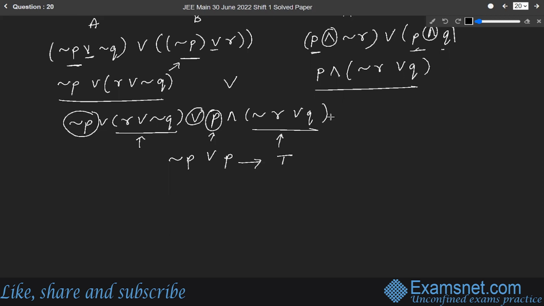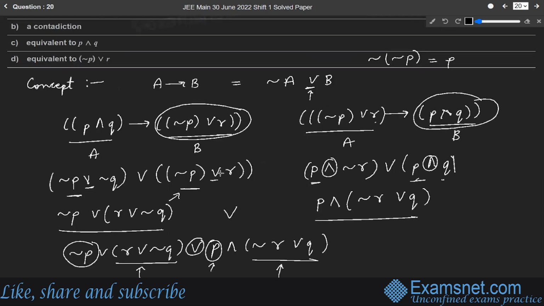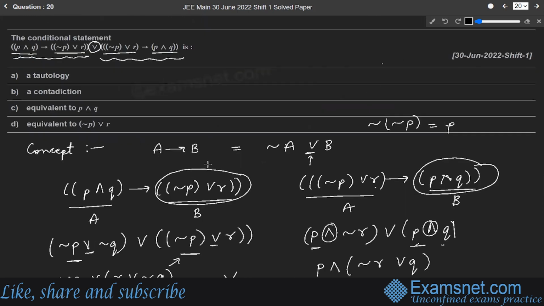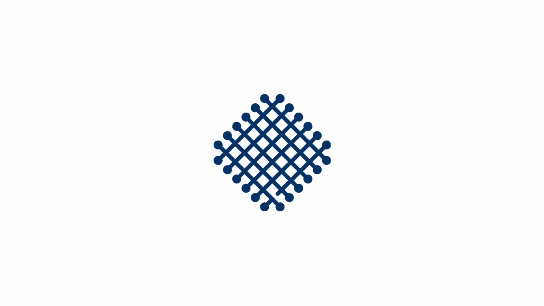So negation of P or P always gives us a tautology. So this conditional statement is a tautology. So for this question, the correct option is option A here. The main concept that we have to use here is: if A implies B, then negation of A or B. I hope you are clear with this question.